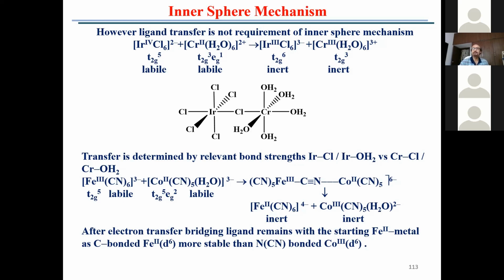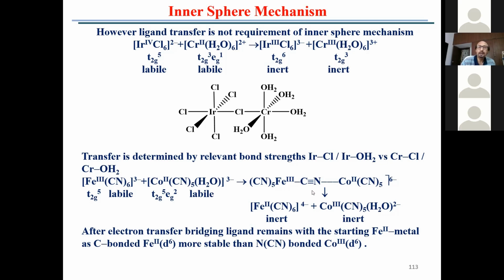Chloride will always link to the metal, either with the chromium or the iridium. But the cyanide situation is different. Cyanide can bind to the metal with the carbon or with the nitrogen. Both ways are possible. Cyanide, isocyanide, thiocyanate, isothiocyanate, all sorts of things are there.